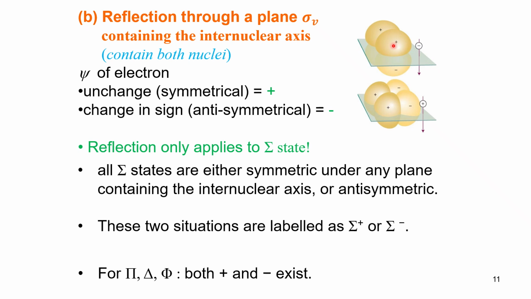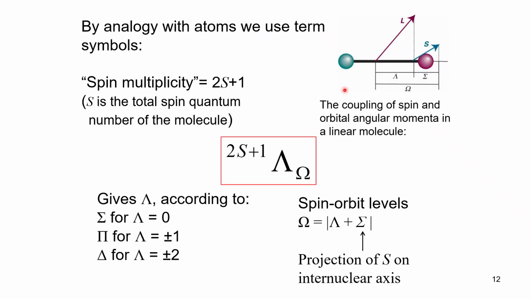For a reflection that results in a change of the wave function, it will be given the symbol sigma minus. For other states like pi, delta, and phi, both symmetry types exist simultaneously. By analogy with the atom, we use a specific format for the molecular term symbols, which is limited to linear molecules.